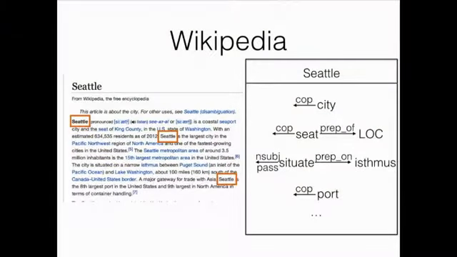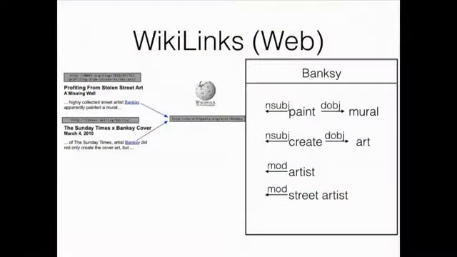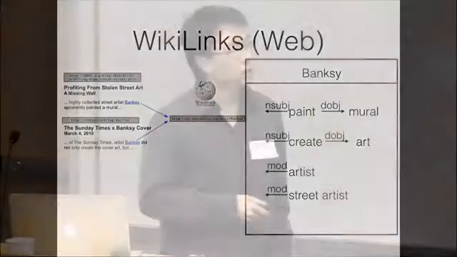To construct a similar representation for the entities, we again look at the Wikipedia text and extract features using the same procedure. And as a complement, we look at a bunch of sentences from the web, where the authors voluntarily linked those important mentions to the corresponding Wikipedia pages. We apply the same feature extraction.